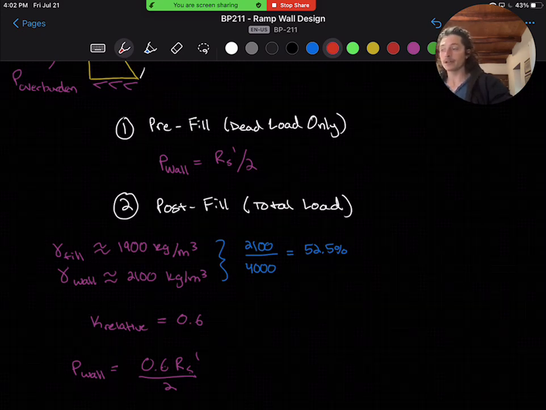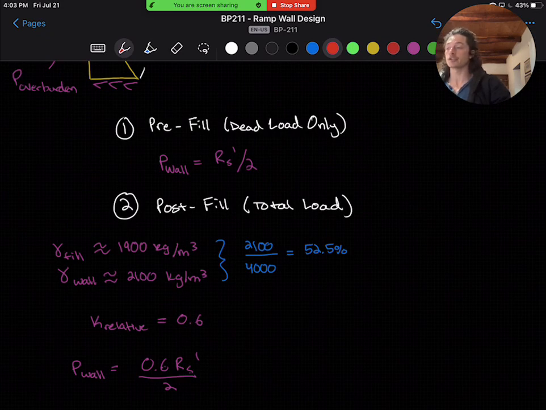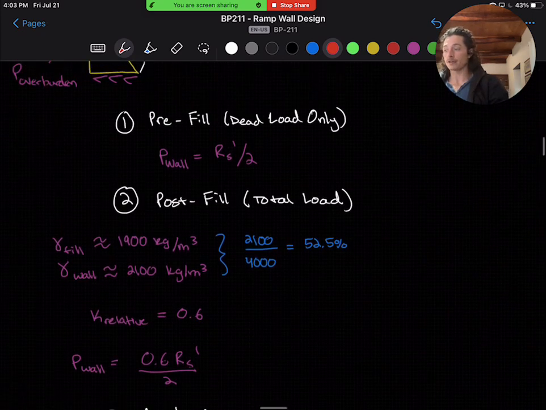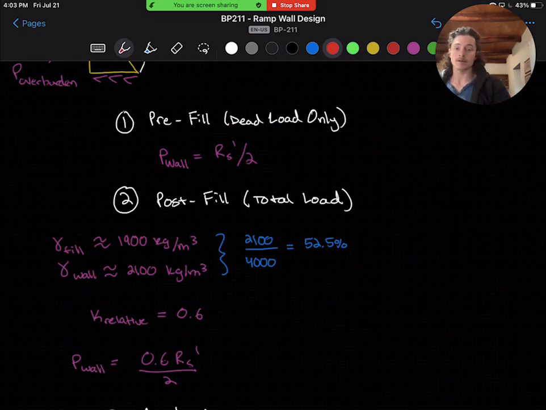Given the variability and the unknowns, we'll conservatively assume 60% of the total load is distributed to the walls. This is opposed to about 20 to 40% if we were to go off based on area. So we have our P wall value of 0.6 R prime, divided by 2, so as to distribute the force into each wall.